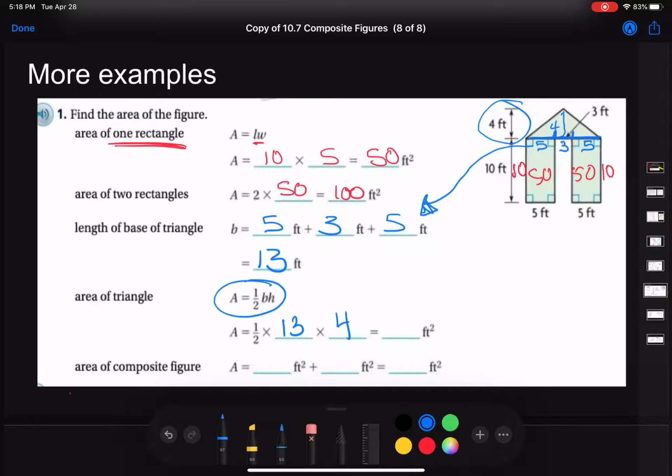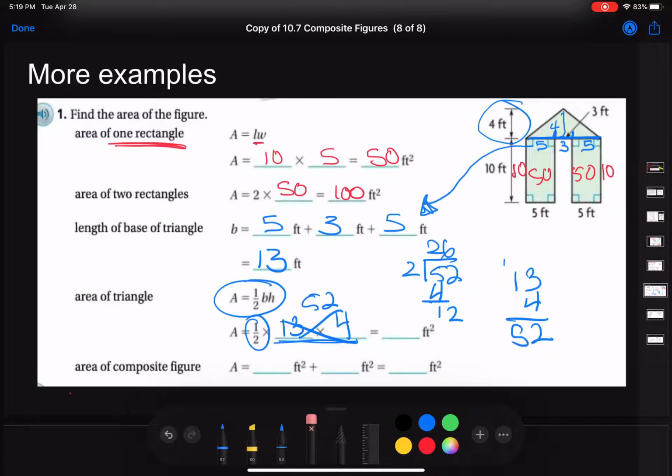Okay, here's one way you can solve this. You can go 13 times 4, and you're going to get 52. So 52 times 1/2 means you're going to divide it by 2. So you're going to figure out what half of 52 is. Should be 26.